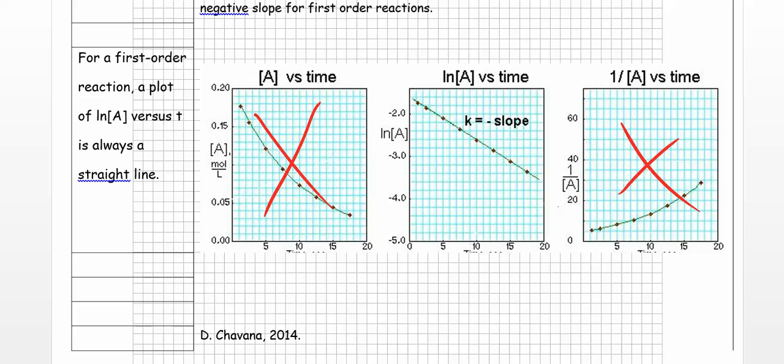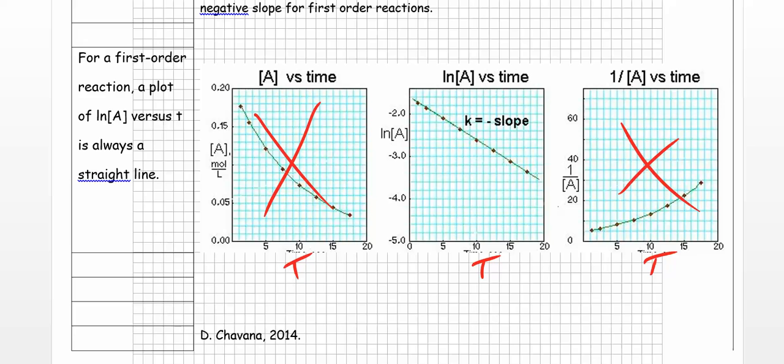But look what happens when we plot the natural log of concentration versus time. By the way, all these should have time as the x-axis, right? But again, the natural log of concentration versus time yields a straight line. Negative slope, but that's not a problem.